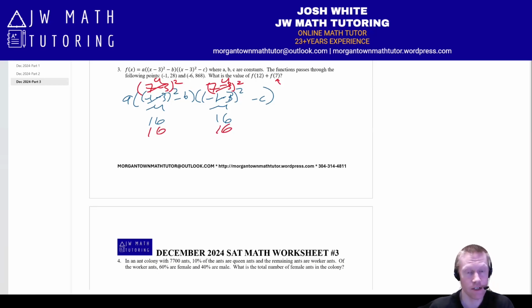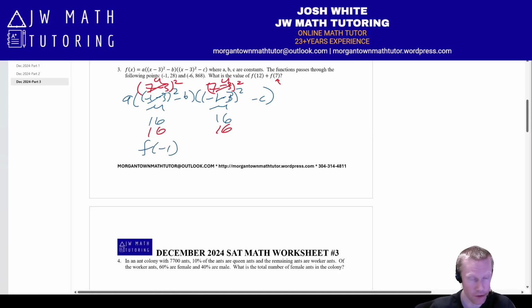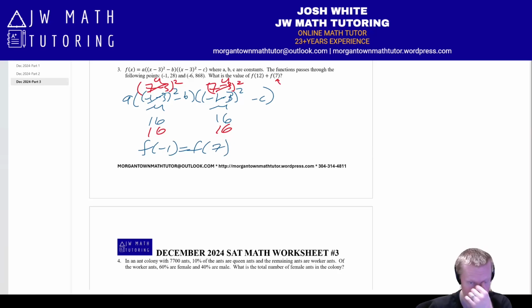You get the exact same y value for f of -1 as you do for f of 7, because this polynomial happens to be symmetric. So in other words, the f of 7 value is just equal to the f of -1 value, which is 28. And the same thing is going to be true for -6 and 12.